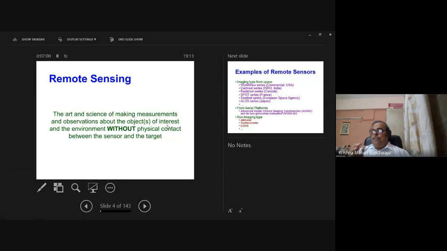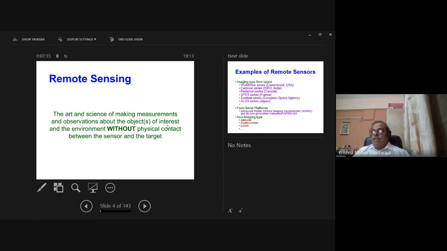Of course, we have again a whole set of instruments and applications where the data is collected in the field. We call it in situ data collection or in situ sensing. Usually, in situ sensing is used to validate the inferences made from the analysis of remotely sensed data.